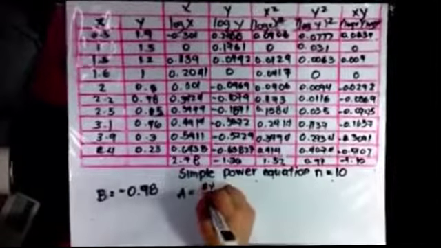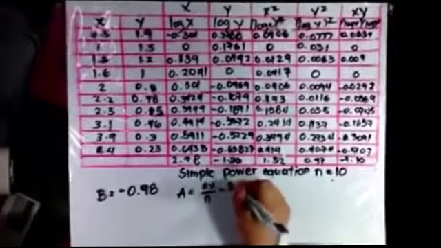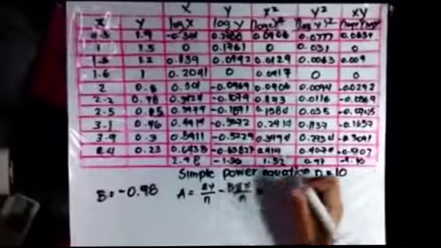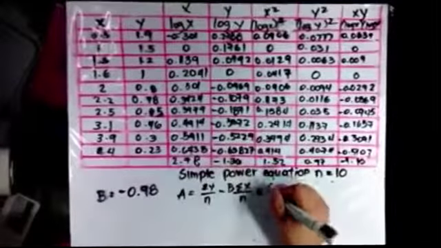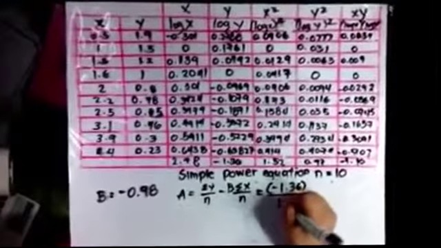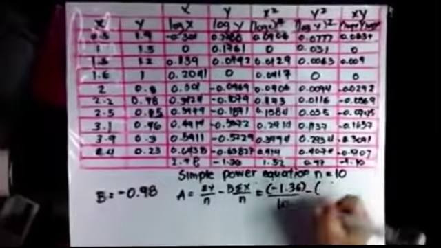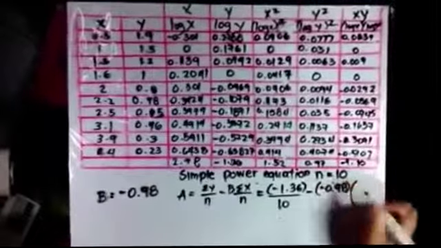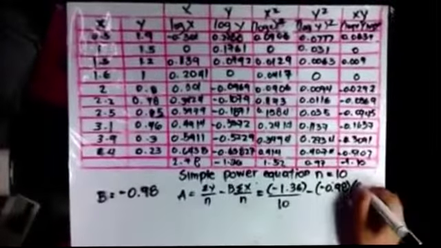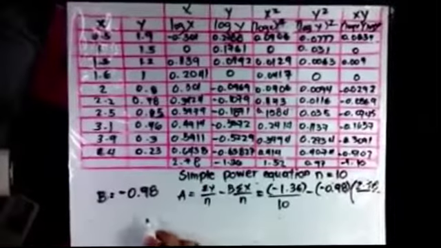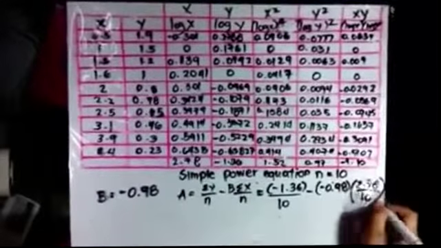summation of y over n minus B times the summation of x over n. Then substitute: summation of y, which is negative 1.36, over 10, minus the value of B, negative 0.98, times summation of x, 2.78, all over n, which is 10.